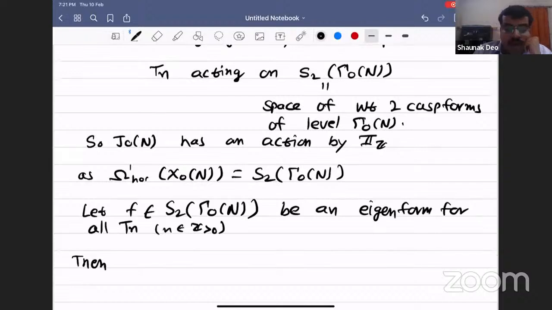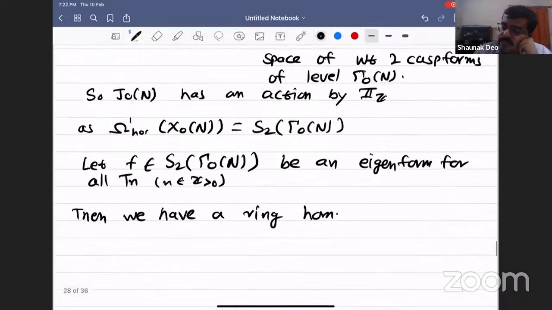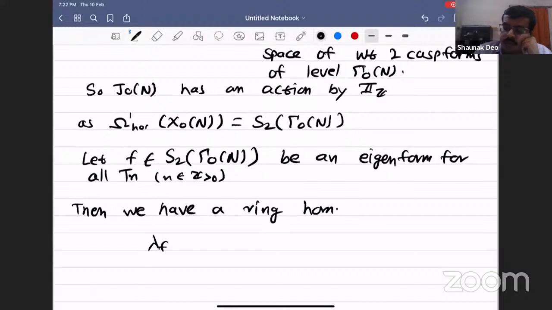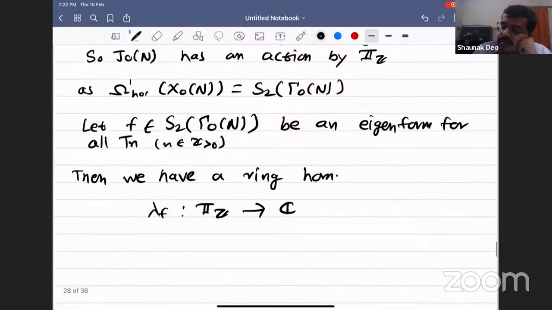Then we have a ring homomorphism, call it lambda f, from T_Z to C, which sends a Hecke operator Tn to the Tn eigenvalue of f.